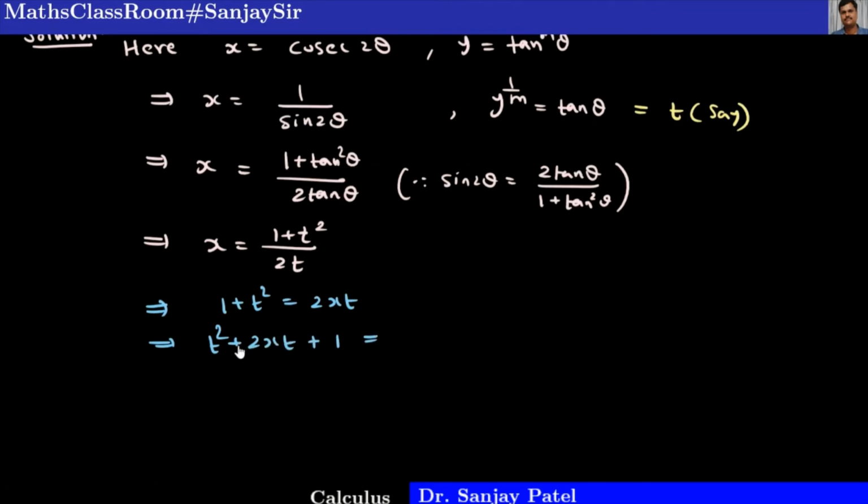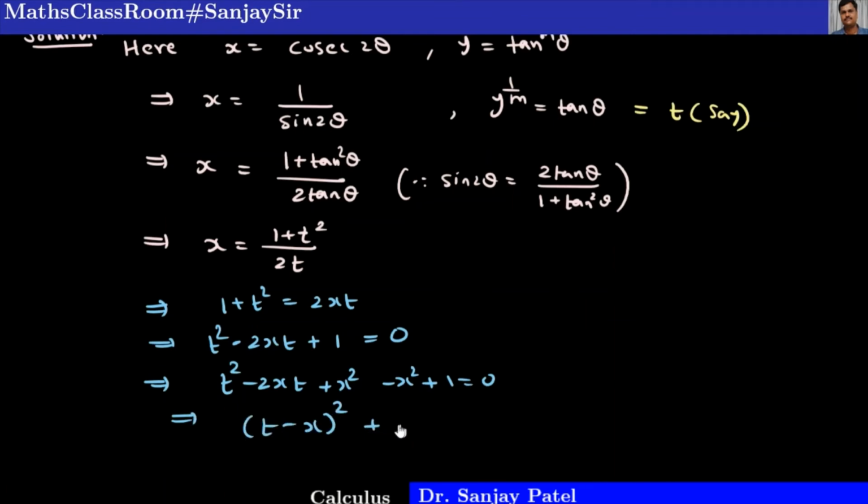Sorry, this is not plus 2xt, it is minus 2xt. And again, as in the previous case, we'll convert this into a perfect square. So t square minus 2xt, and let us add and subtract x square, this plus 1 as it is. This will give you t minus x whole square is equal to x square minus 1.